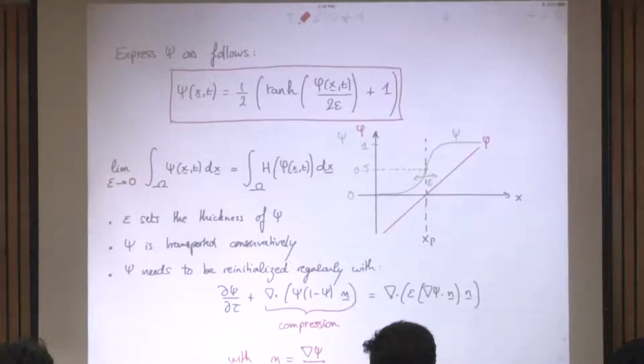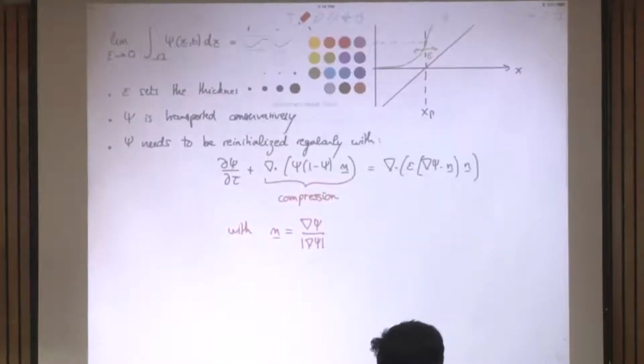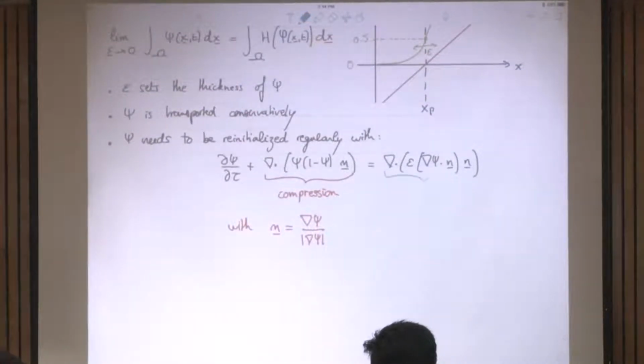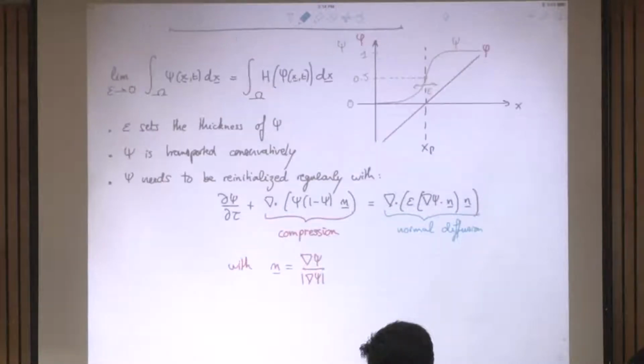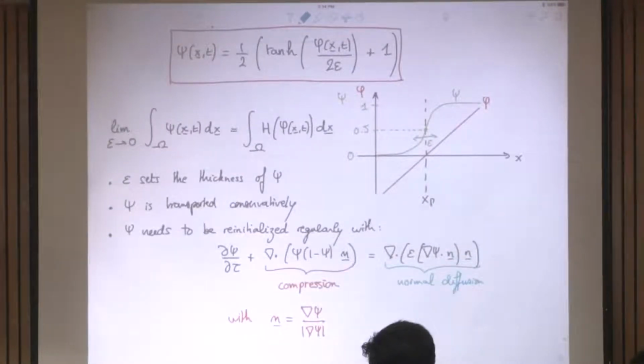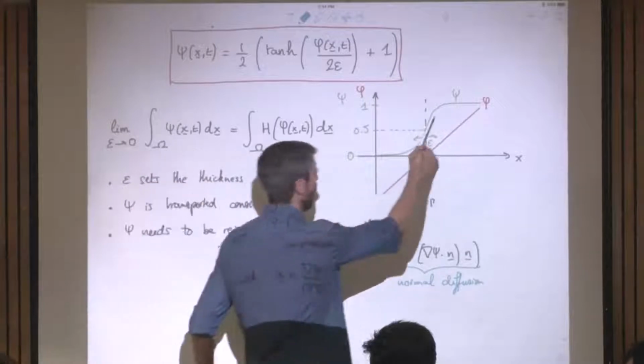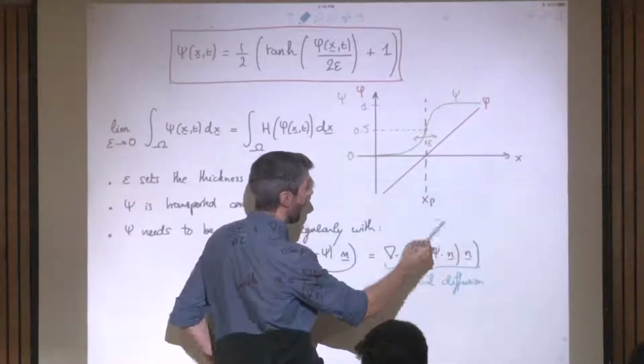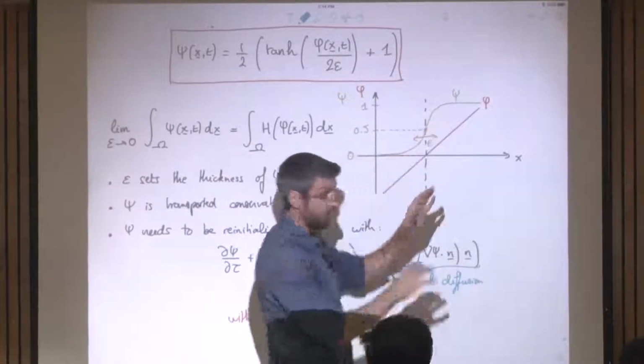The other term will act as a diffusion of my profile. So that other term here provides normal diffusion. Normal diffusion meaning this will try to reduce the gradient. This term will act to smear this profile and thicken it.